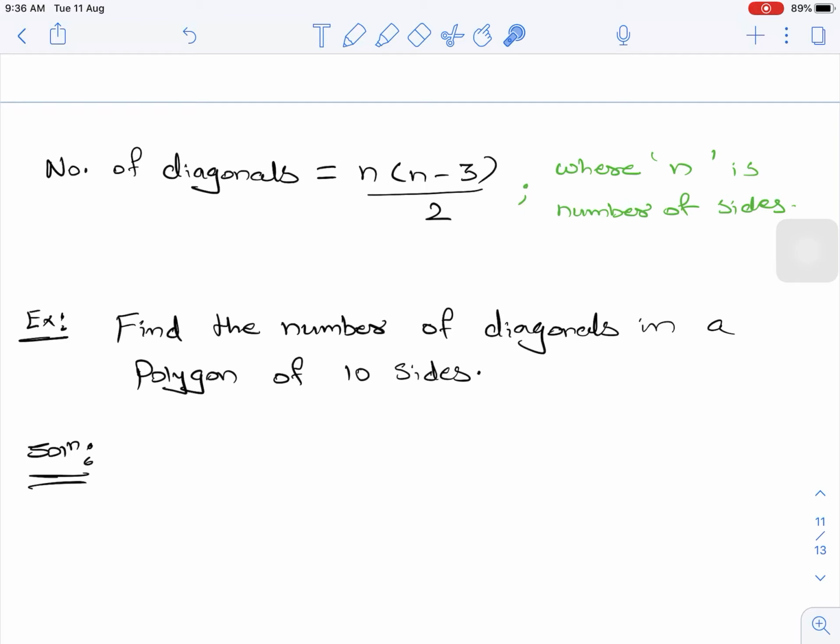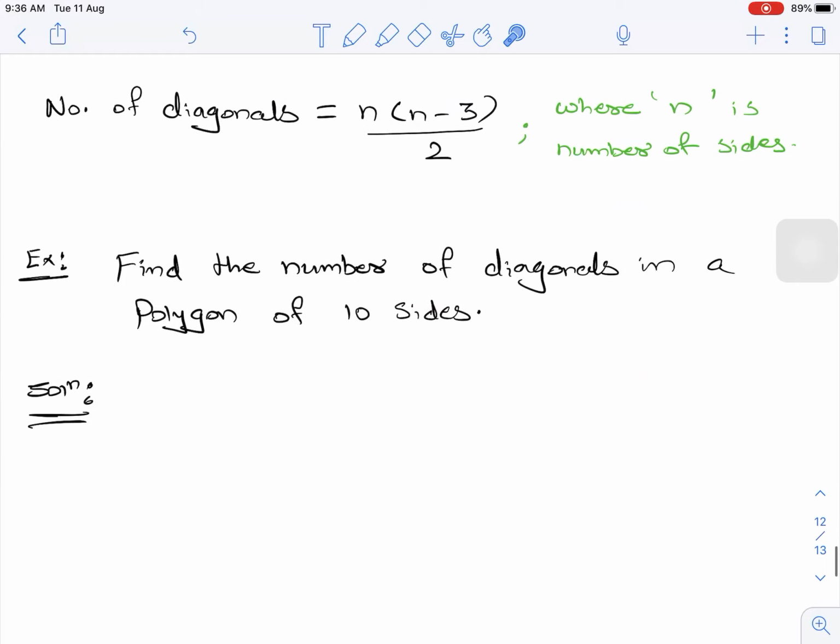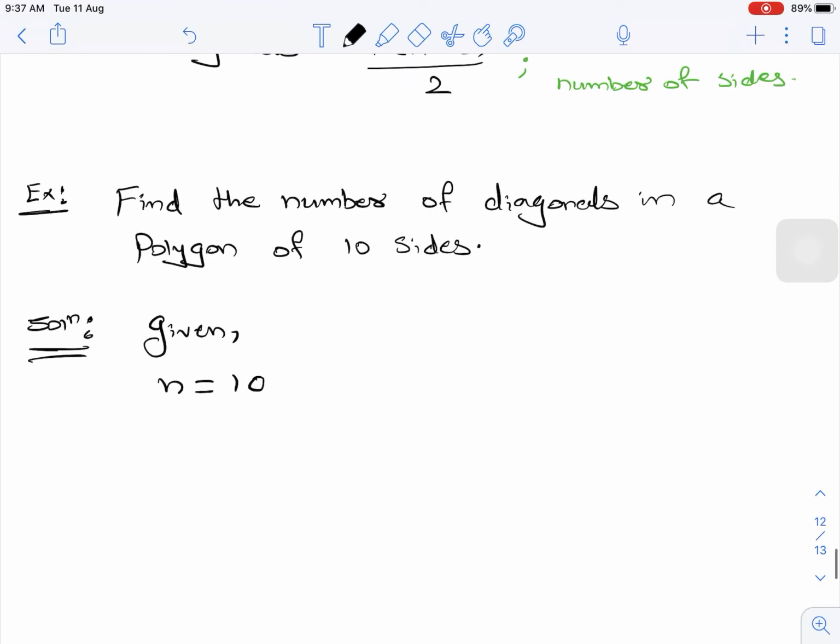Let us consider one example. Find the number of diagonals in a polygon of 10 sides. The number of sides is indicated by n. Solution: given n equals 10. We have to find the number of diagonals.